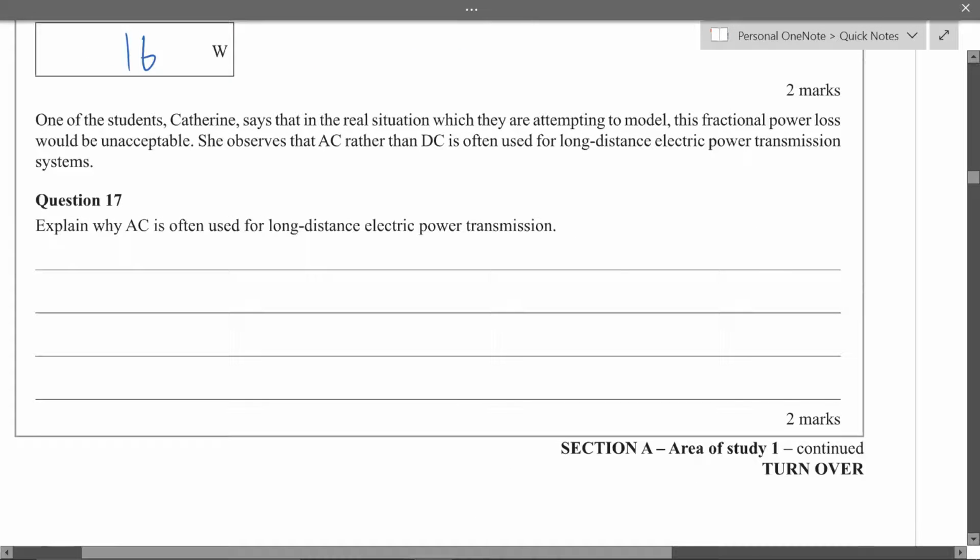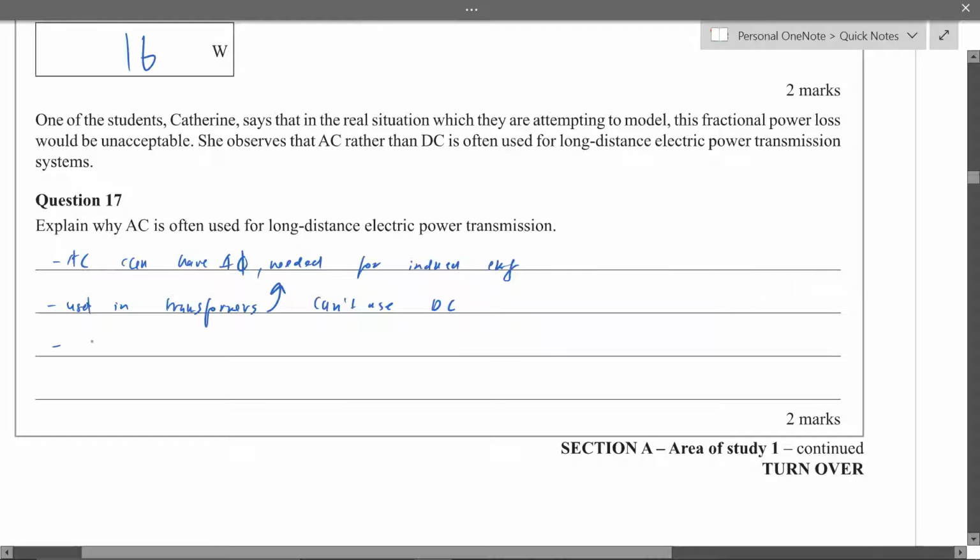Explain why AC is used for long distance electric power transmission. I just said that's because AC can have delta phi, which is needed for induced EMF used in transformers. Can't use DC. This is a really shorthand version, but you have to write this more coherently.